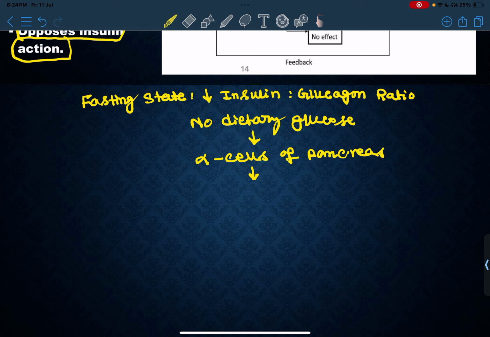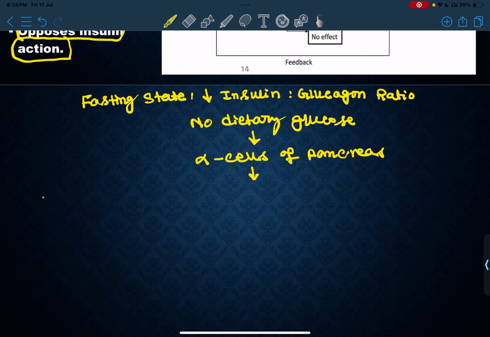What does glucagon do? Glucagon activates various pathways by phosphorylation of enzymes, same as insulin. Insulin activates different enzymes for storing and utilization of glucose. Glucagon stops utilization of glucose in the cells, increases its level in the blood, and promotes formation of glucose from other sources.